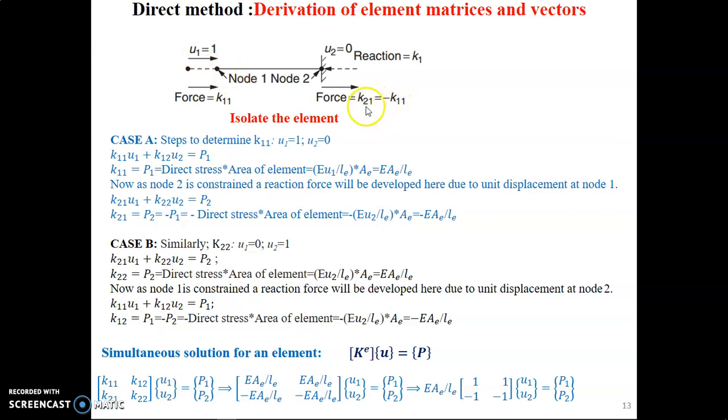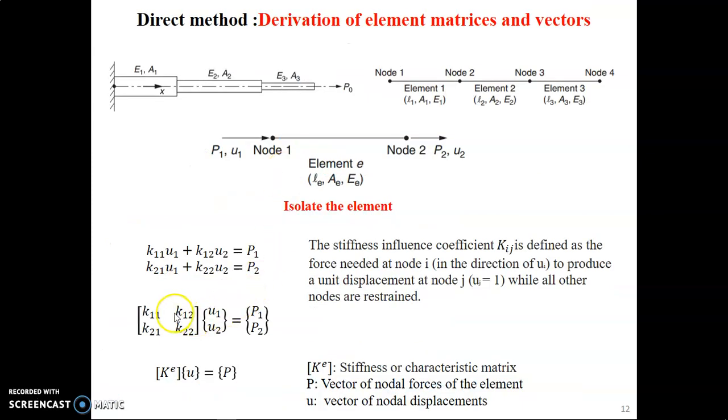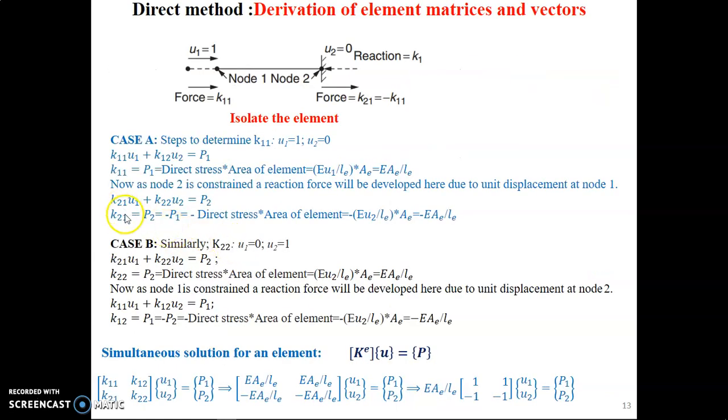So we will be getting K21, that is the force at node 2 due to unit deflection or displacement at node 1. In order to get the value of K21, we will be using the second equation defined in the previous slide, that is this one. So now K21 U1 plus K22 into U2 is equal to P2.